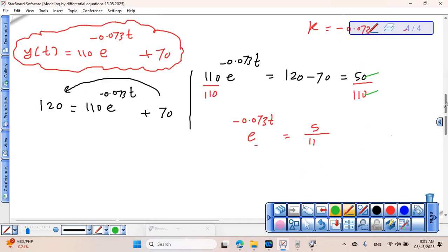We take ln of both sides: negative 0.073t equals ln of 5 over 11.